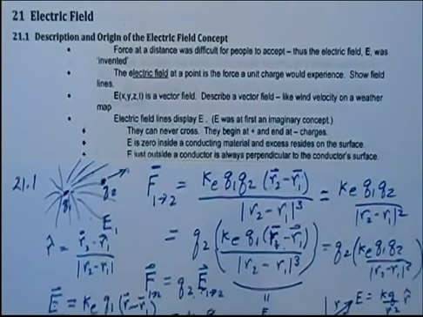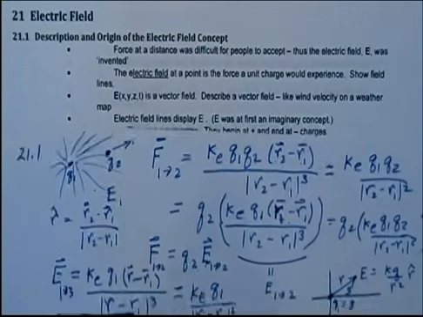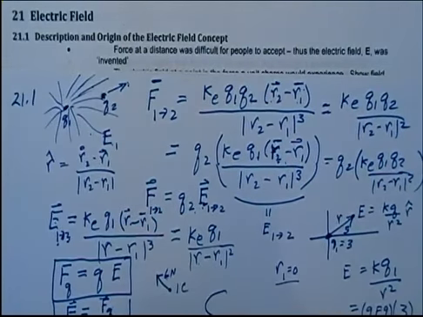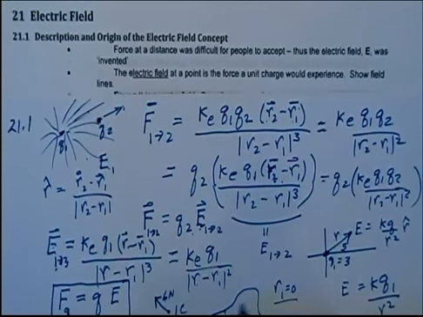If I have a conducting object, here's a conductor here, that's some kind of metal, and if I put electrical charge on it, the electric charge for a conductor always tries to get as far away as possible from the other charge, so it'll go to the surface.